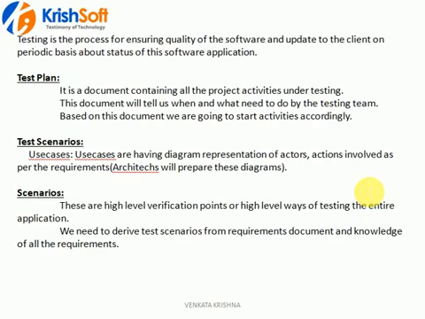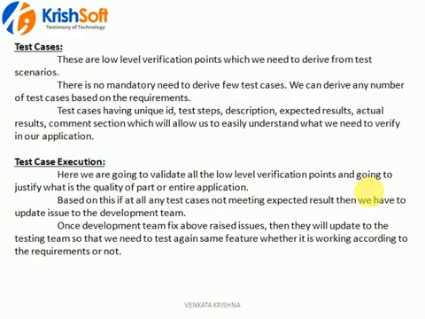Next, the third phase: once test development is completed, the next phase is test case execution. To perform test execution on our application, we need to get the application from the development team. Once you get it, you start executing the test cases on the application. A test case contains the actual result and the expected result.